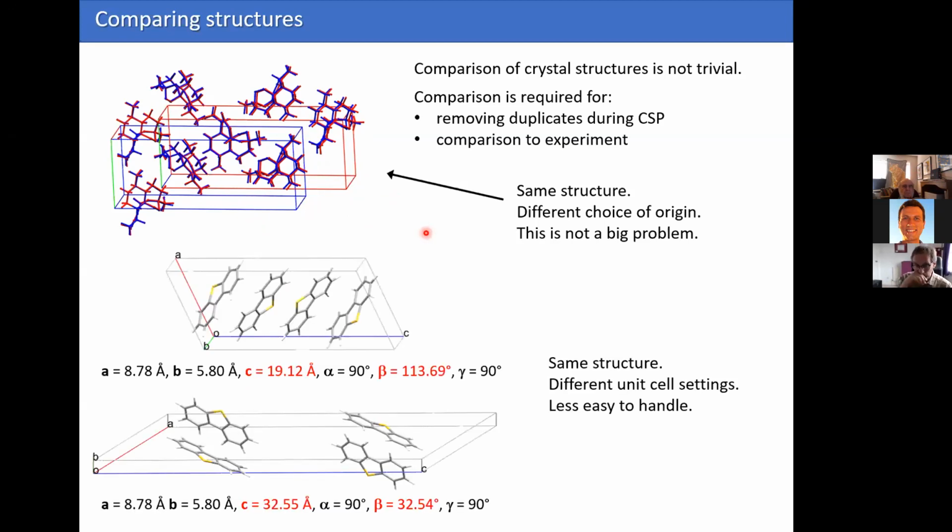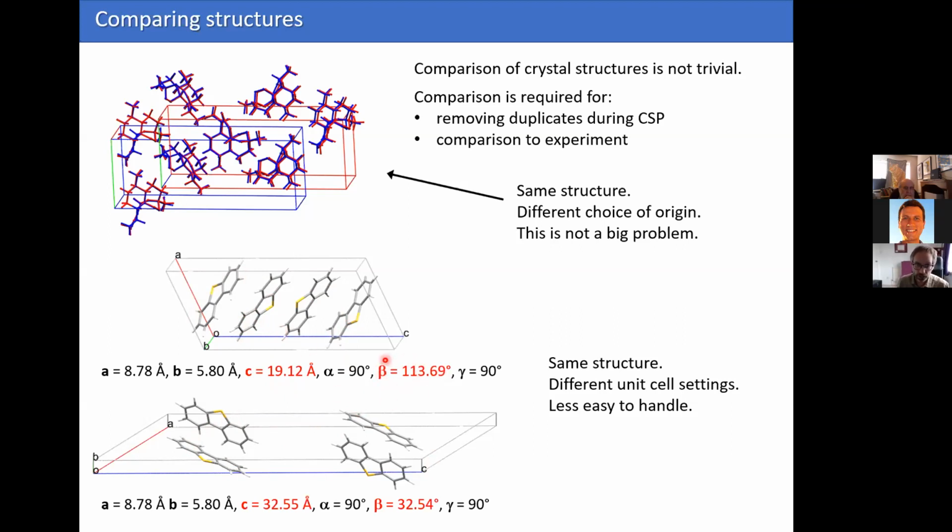More commonly, you can get these two crystal structures here for a molecule that we're currently looking at. They don't look very similar at all if you look at those packings, okay? And here are the lattice dimensions. Okay, those are actually identical crystal structures. On the bottom here is the predicted crystal structure, and on top is the observed crystal structure. The definitions of the lattice are different.